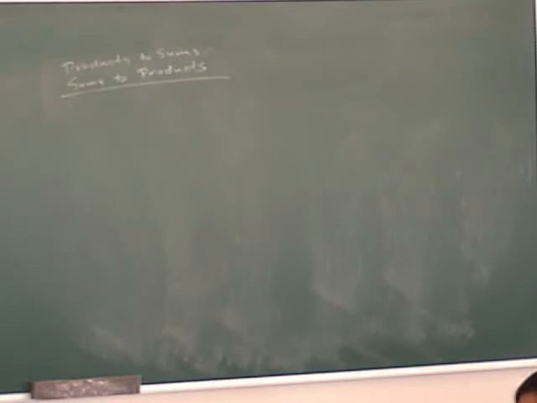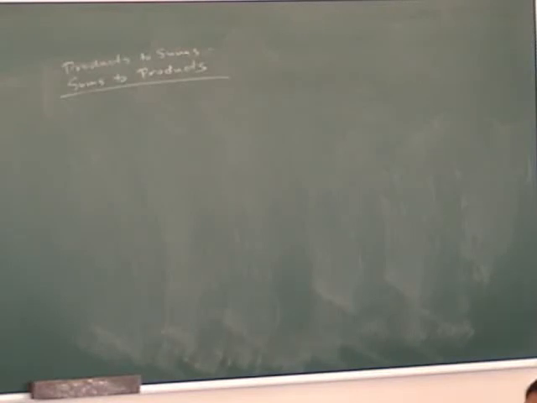And now the other way, what about sums to products? Okay, here they are. There's 4 identities here. Sine alpha plus sine beta. See how it's a sum? That's equal to 2 sine alpha plus beta over 2 cosine alpha minus beta over 2. Don't write these down, okay? I'm just showing this to you because it was in your book last year.